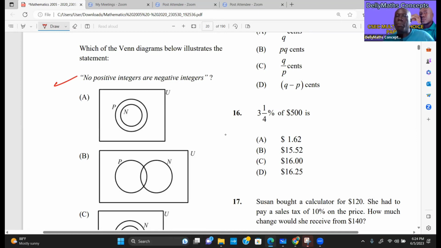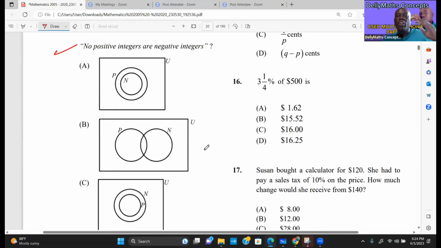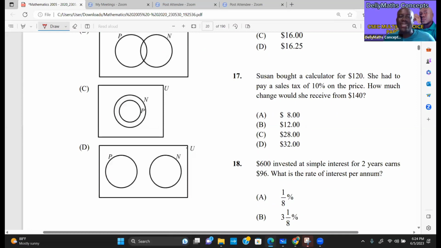In other words, no positive number is a negative number. Which one of these sets is representing that? There will be no overlapping, because when things overlap, it means they are both sharing something. And we know there is nothing positive that is negative. So you have to pick a set showing the two things being separate, not touching. The correct term for this is a disjoint set.